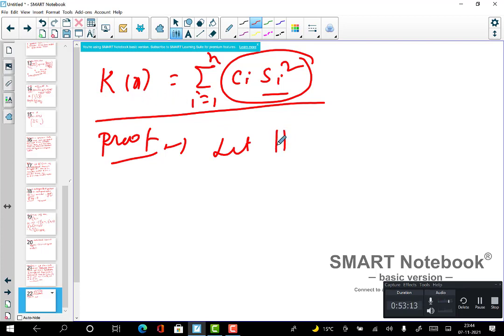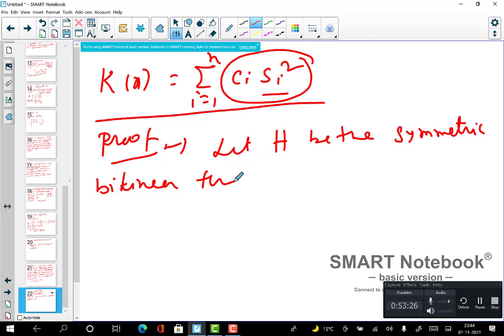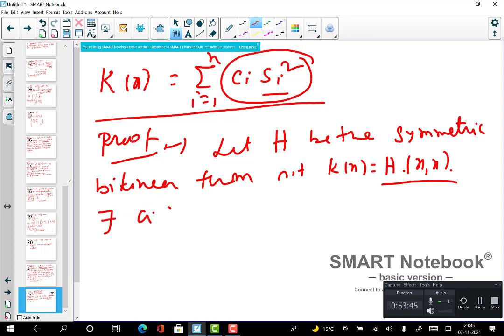So let H be the symmetric bilinear form such that K of X equals H of X, X. This is by definition, and because it is a symmetric bilinear form on a real vector space, there exists an orthogonal, orthonormal basis.